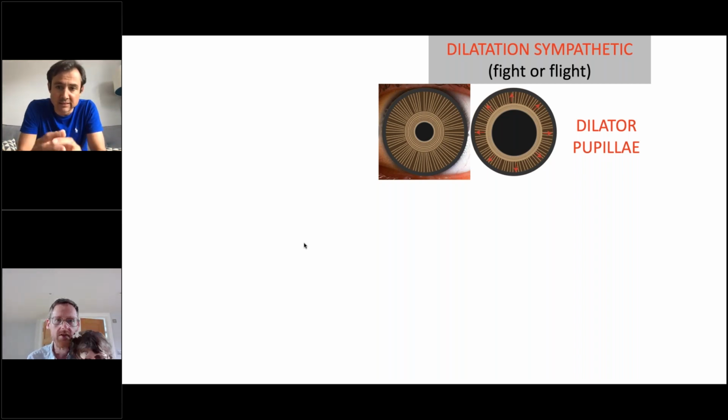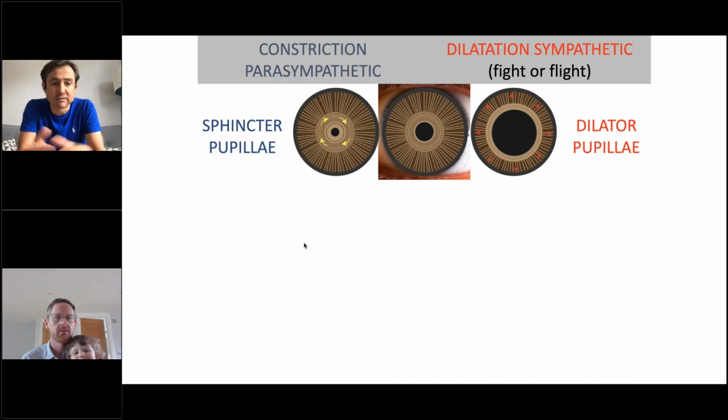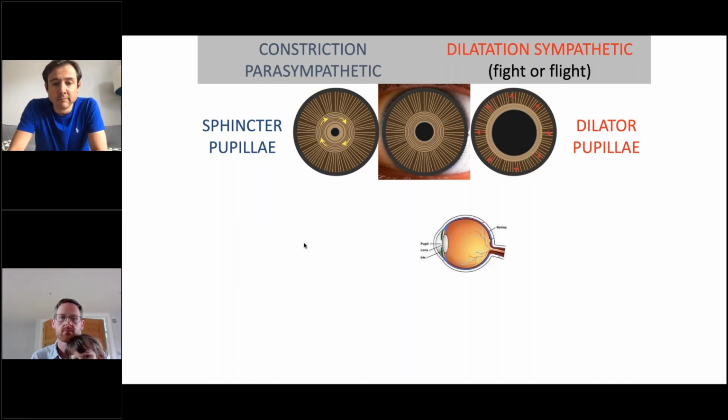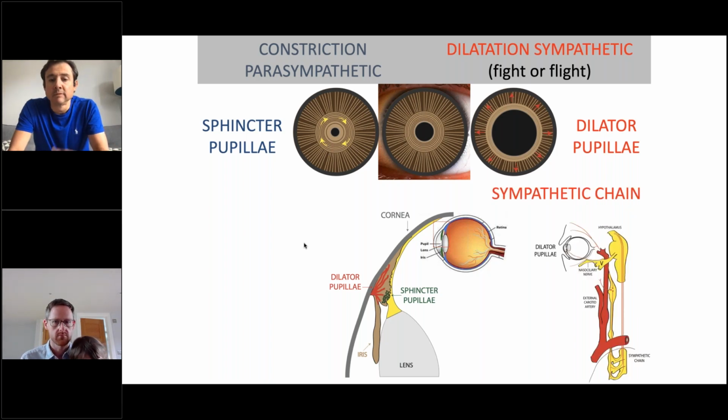So the sympathetic is the dilation of the iris, whereas the sphincter pupillae is the constriction, controlled by the parasympathetic nervous system. And again, this just reiterates that dilator pupillae, sphincter pupillae relationship. One controlled by the sympathetic, the other controlled by the parasympathetic.